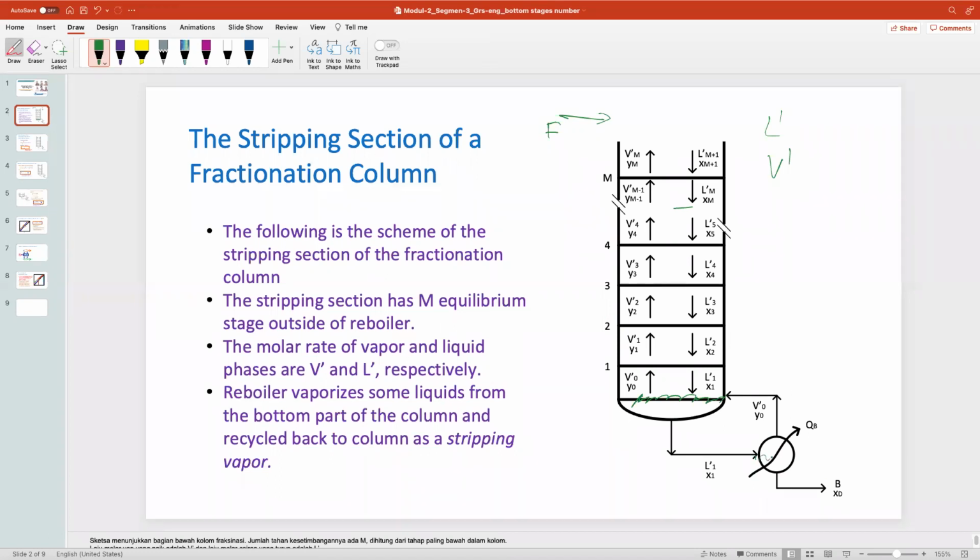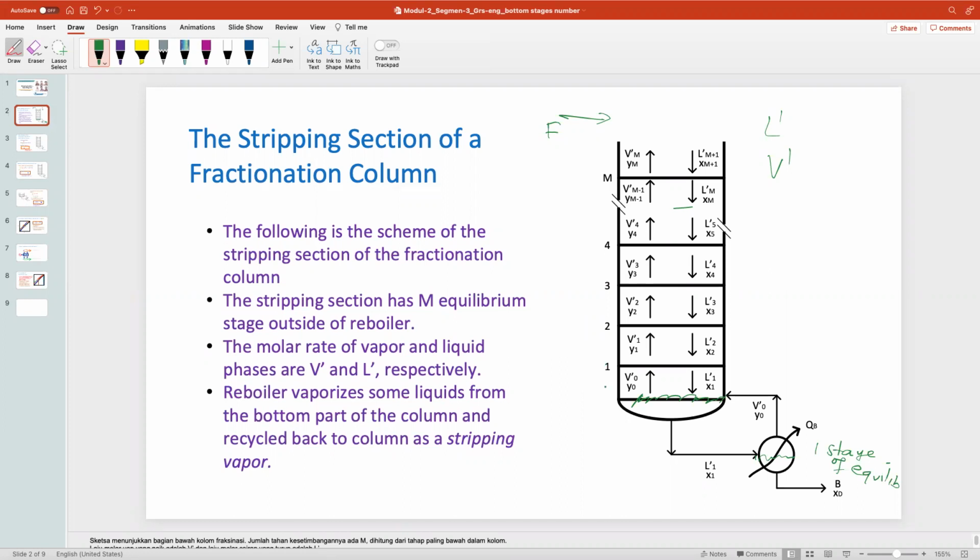So, what do you think about this one? Is this an equilibrium stage or not? There is vapor and liquid, B is a liquid, and when it leaves it should be in equilibrium. So the reboiler is actually one stage of equilibrium. But when we calculate the stages in the fractionation, we count number 1 from here.